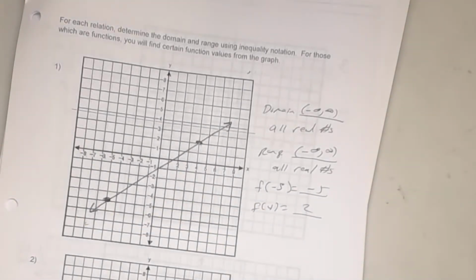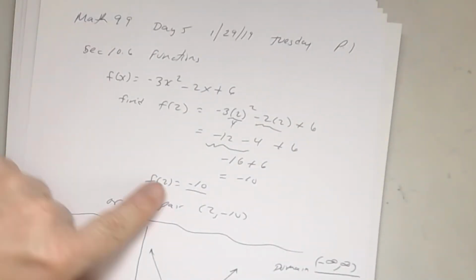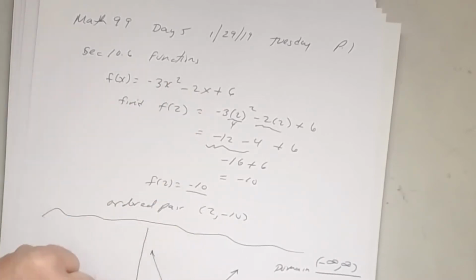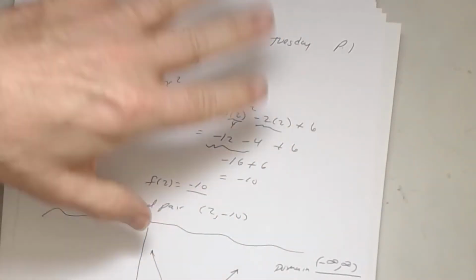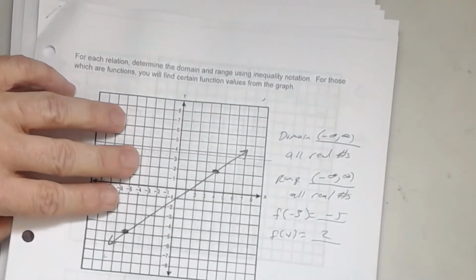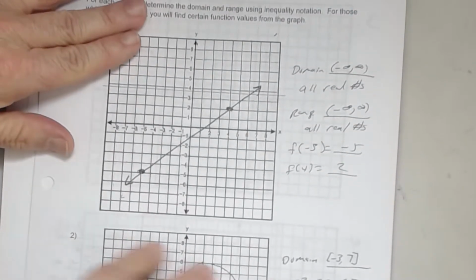All right, so that's reading a function value from the graph. Earlier, where I said find f of 2, that was given the equation, so you just plug numbers in. Here you can use a graph to locate the value. I can't talk about functions here because this is not a function.